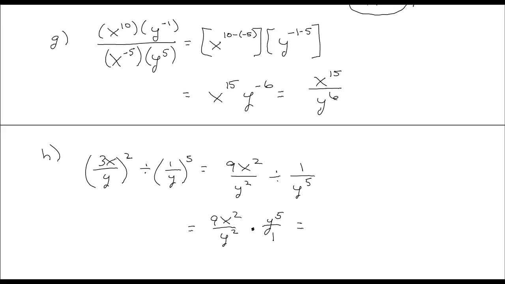Even though these are across from each other, we're multiplying. The y squared is in the bottom, the y to the 5th is in the top, so they're like bases and we can just subtract the exponents. So I'm going to end up with 9x squared and then y to the 5 minus 2, which simplifies to 9x squared times y cubed.